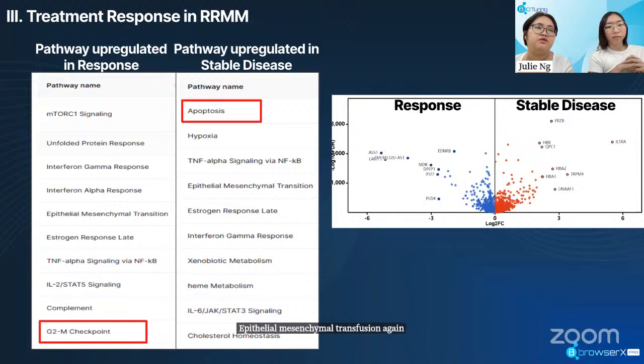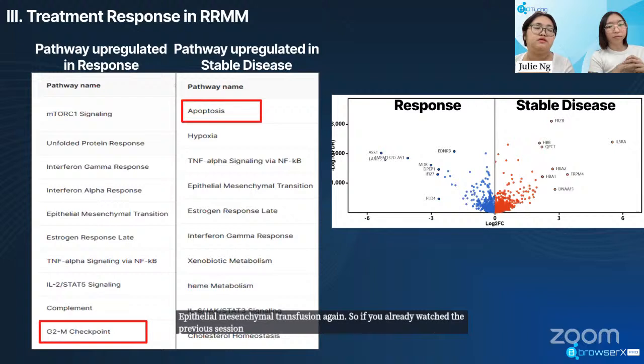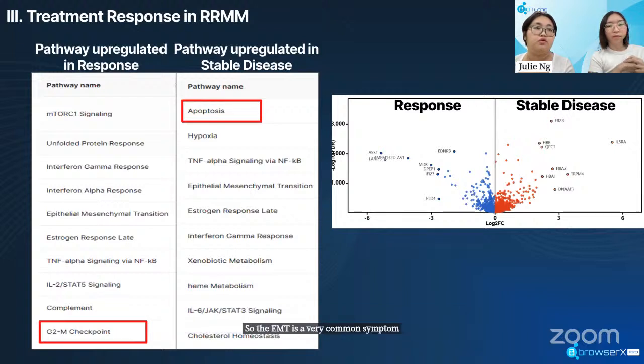If you already watched the previous section, the EMT is a very common process to occur in head and neck cancer. I think this may show that even in different types of cancer, some common genes always get enriched during the cancer situation, therefore leading to the similar pathway enrichment pattern right here.